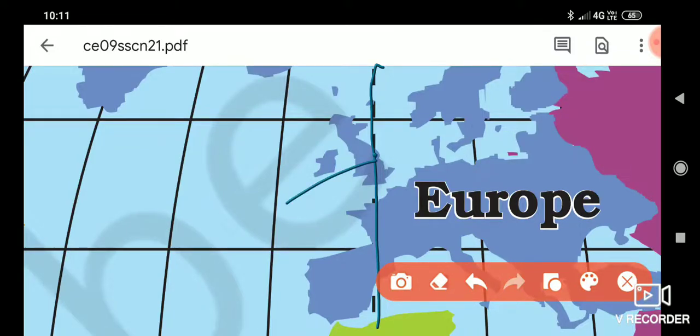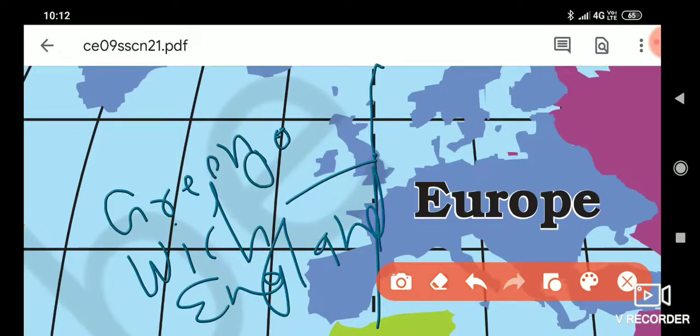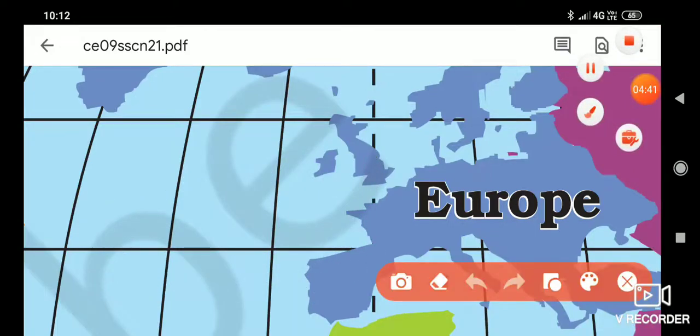This place is known as the 0 degree of the prime meridian, and this place is Greenwich city in England.